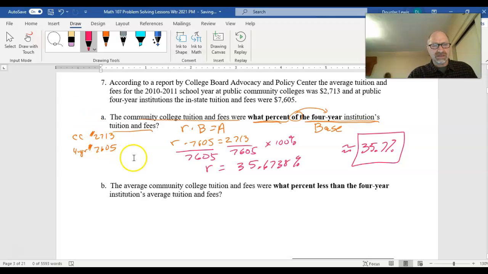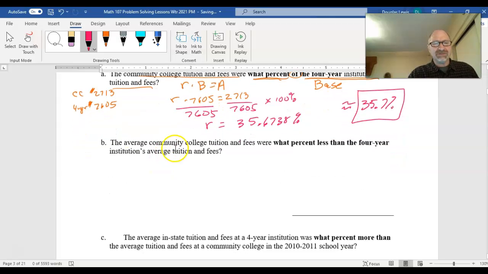Now, it gets a little trickier. Now, the average community college tuition and fees were what percent less than the 4-year institution's tuition and fees? So now it wants you to compare how much less it was.